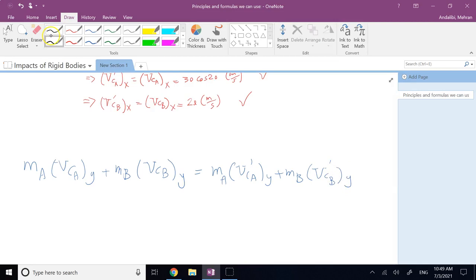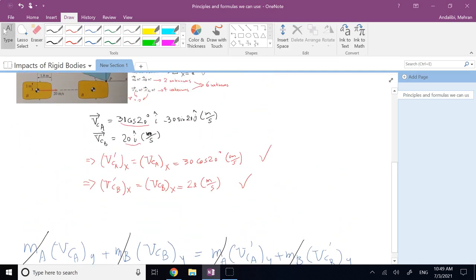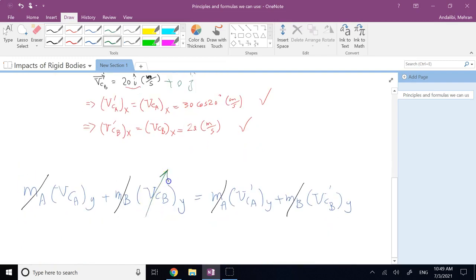And here the m's are the same. Both cars have the same mass, so I can get rid of this. And I can plug in the values for y. So the y component of velocity of CA before impact is this much. For B, it is simply 0 times j, correct? So this guy is 0.